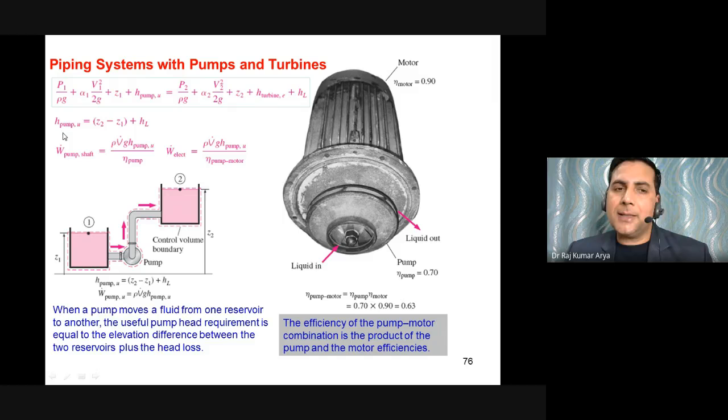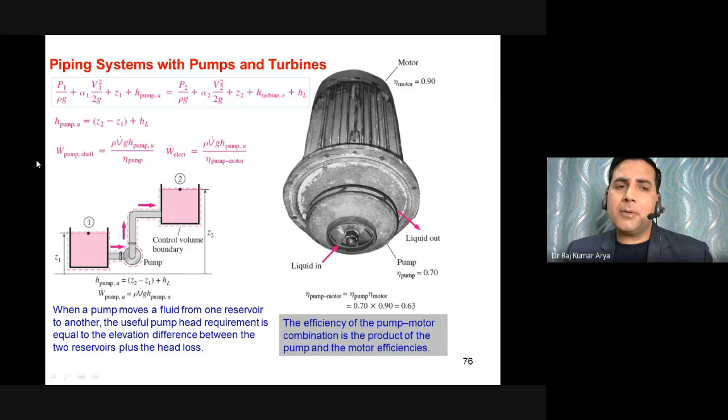From here you first calculated the head of the pump, meaning how much height is being imparted by the pump in terms of energy of the fluid, and you multiply that by flow rate, density, and g, and you will get the power of the pump. That is your theoretical power of the pump.